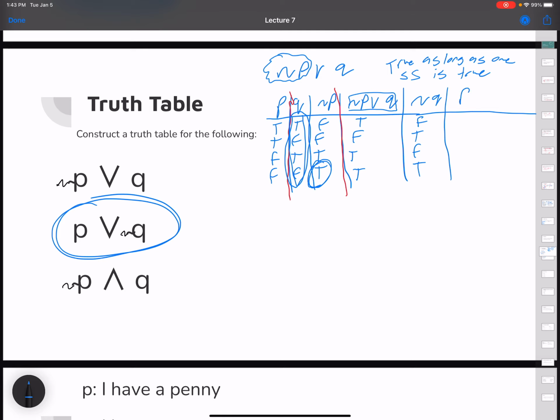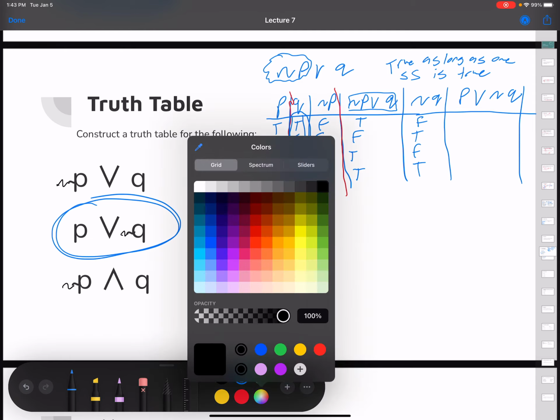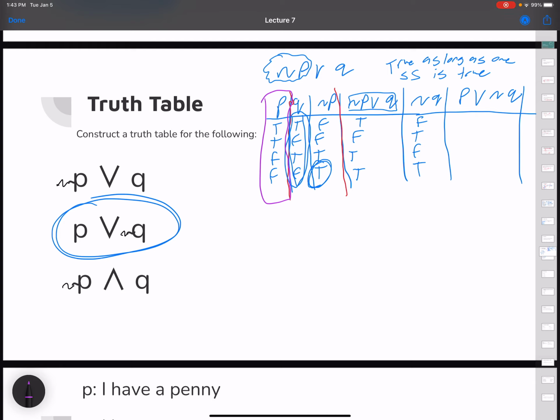So now we can do our P or not Q. And remember, P or not Q is just going to be us looking at the columns for P and the columns for not Q. And as long as one of them is true, we get a true. So in this case, the P is true. In the second row, both are true, so we get a true. In the third row, both are false, so that's where we get our false. And then in the fourth row, one is false, one is true, so we get a true.